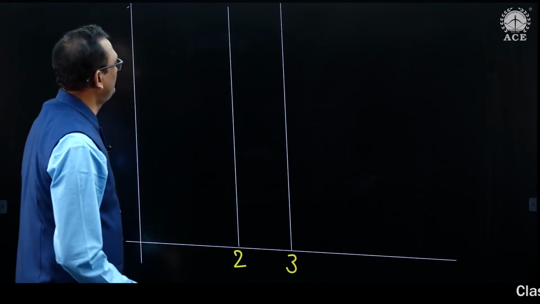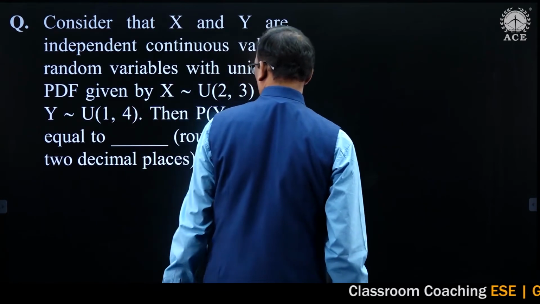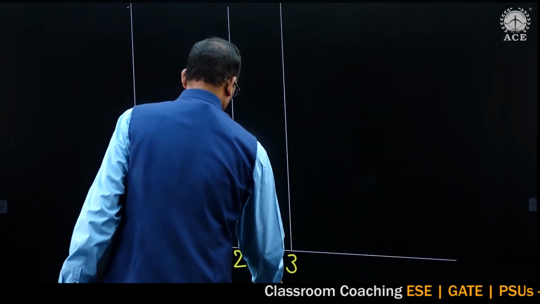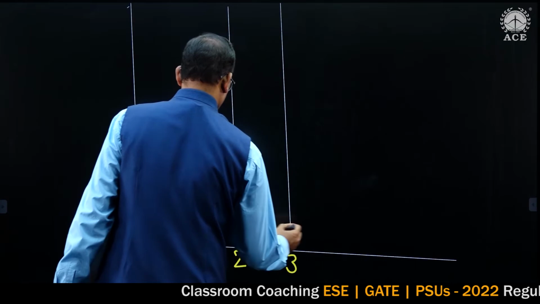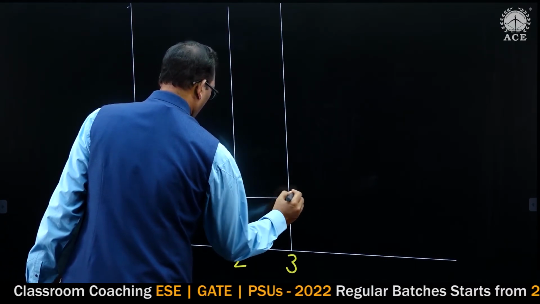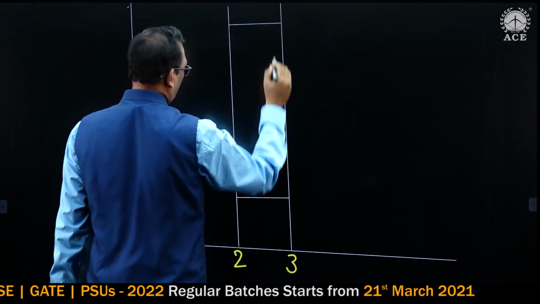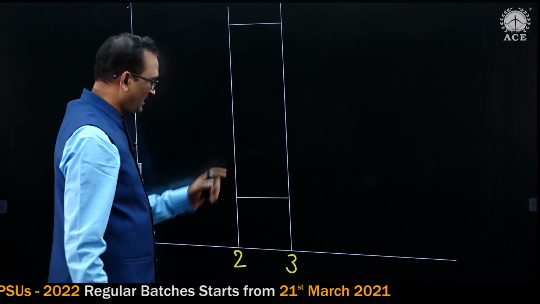Next, y is uniformly distributed in the interval 1 comma 4.